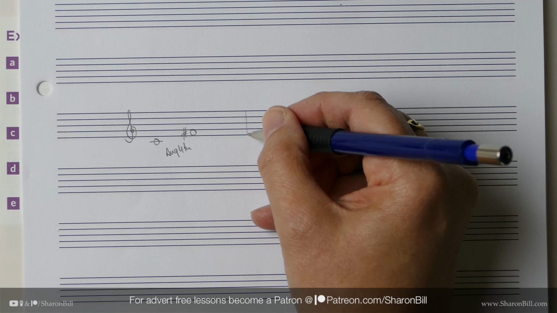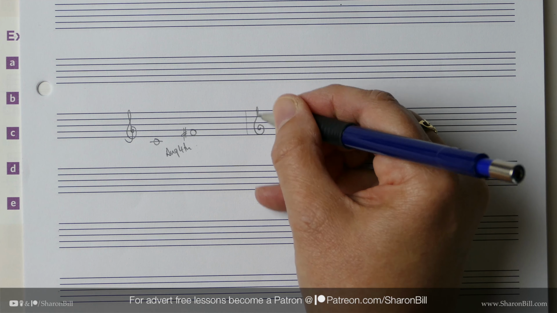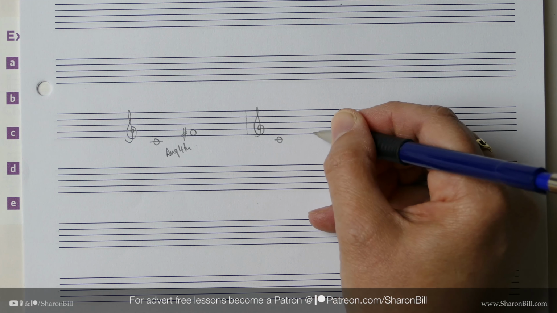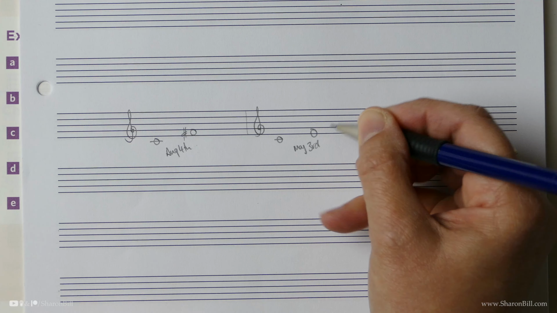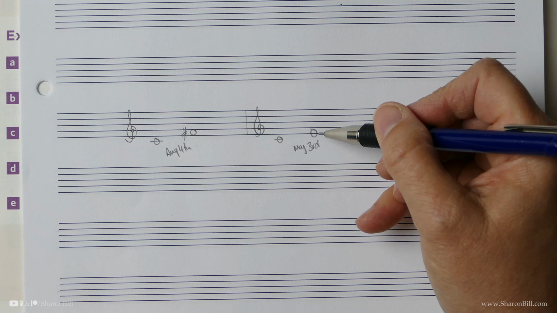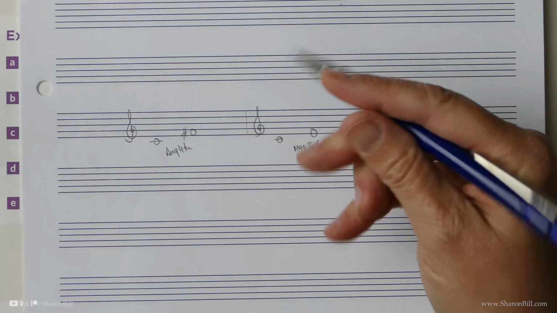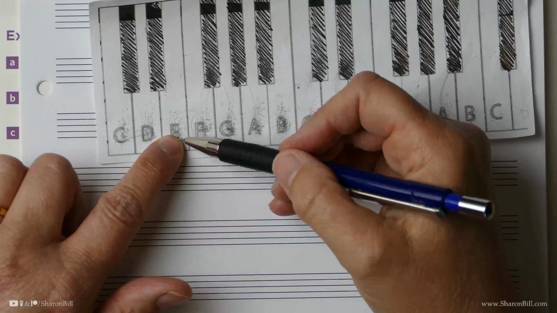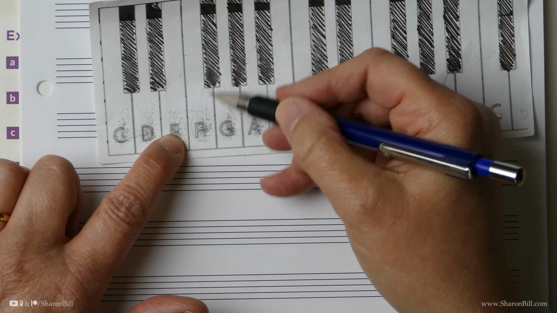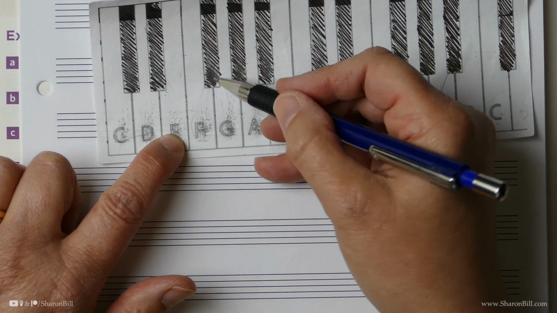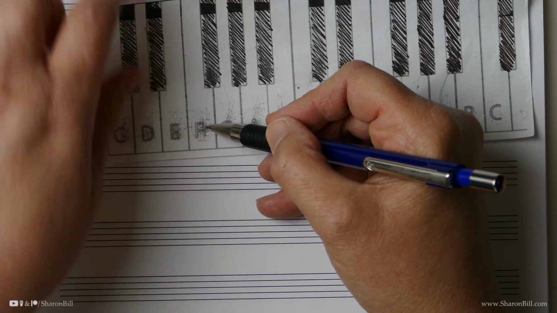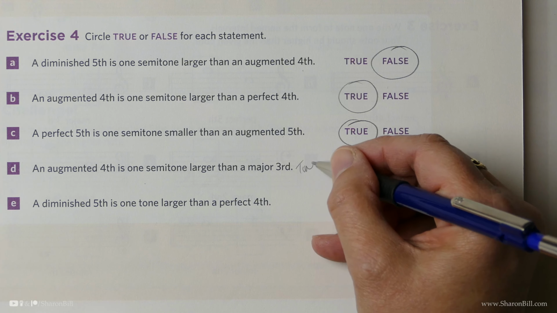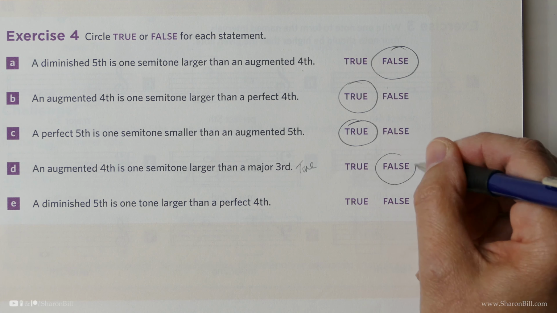So we have C to E is our major third. So what's the distance between E to F sharp? E to F sharp. It's actually a tone apart, isn't it? Not a semitone. It's a whole tone apart. And so that's false.